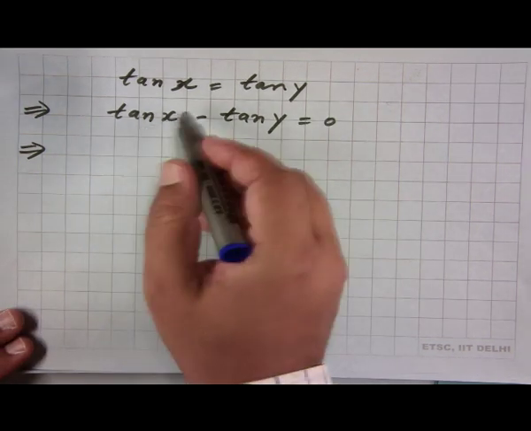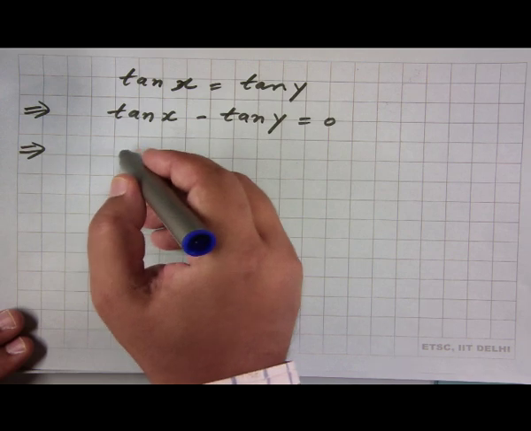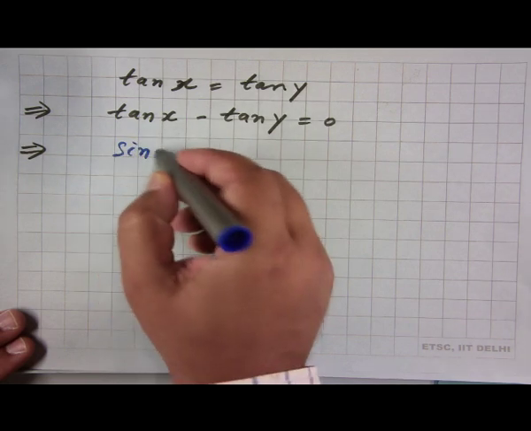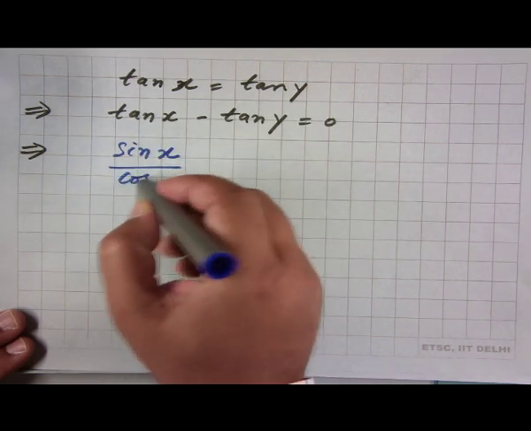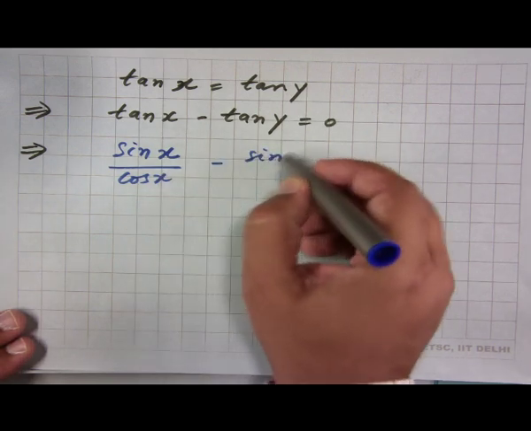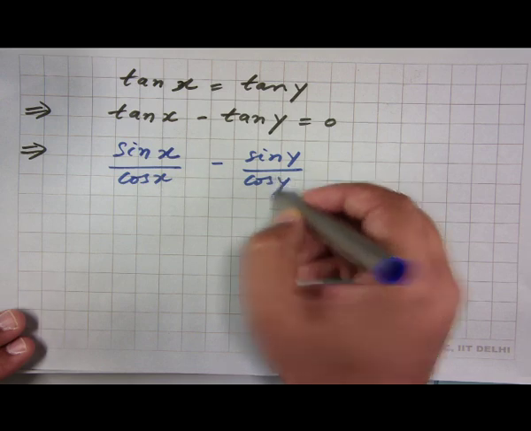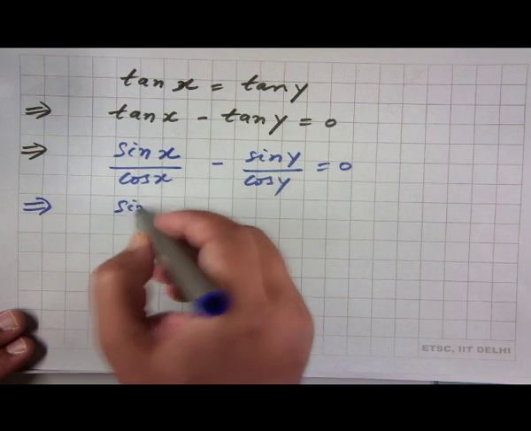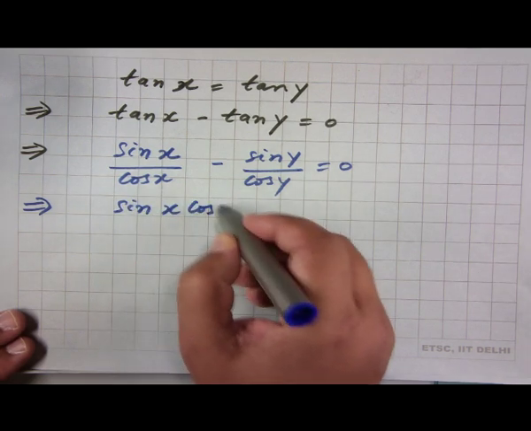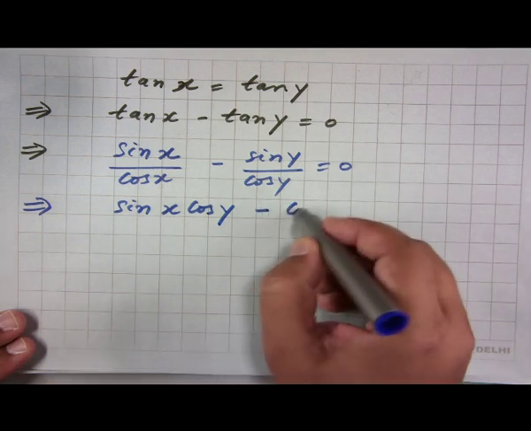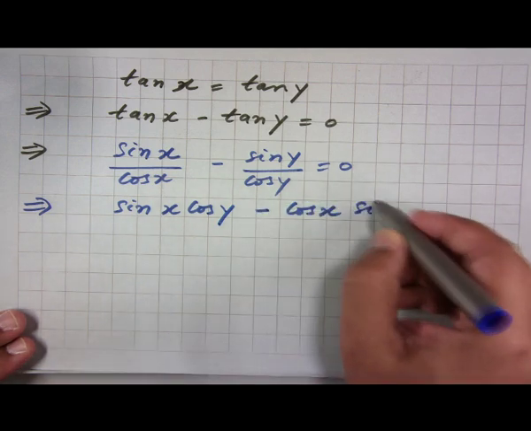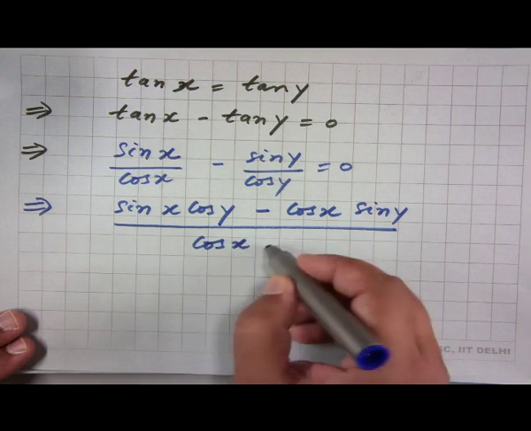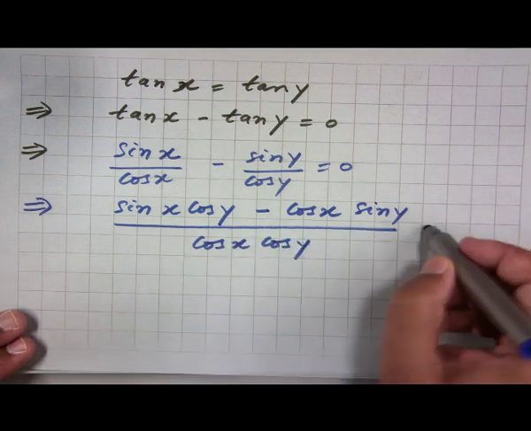So, we get this, and then since tan x is sin x by cos x, we get sin x by cos x minus sin y by cos y equals 0, from where we get sin x cos y minus cos x sin y over cos x cos y equal to 0.